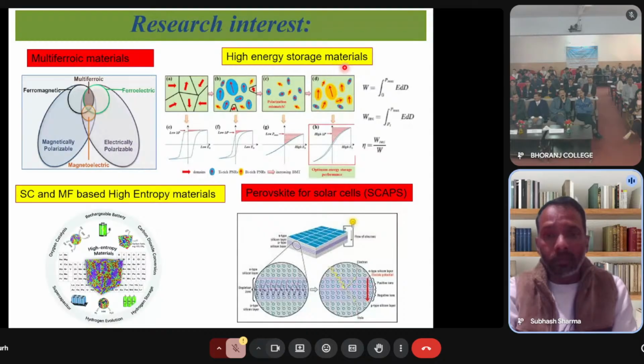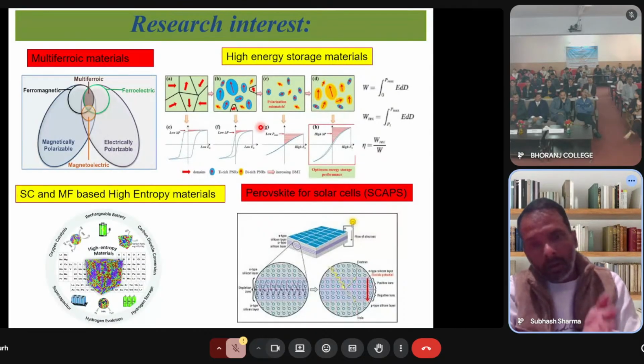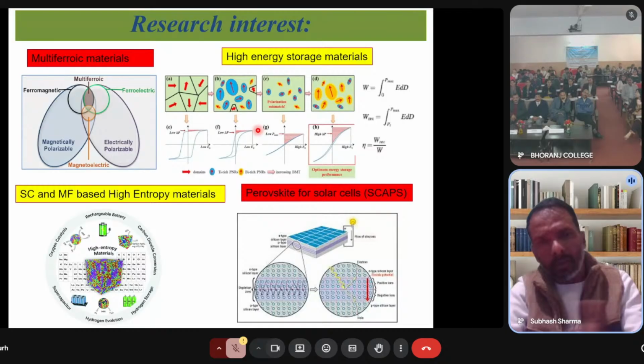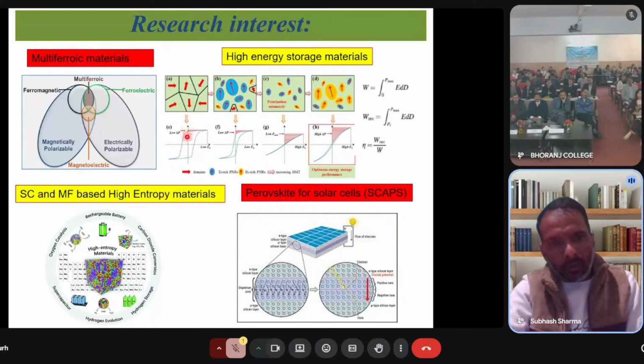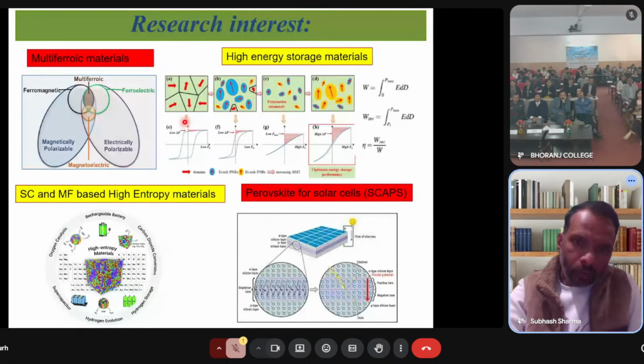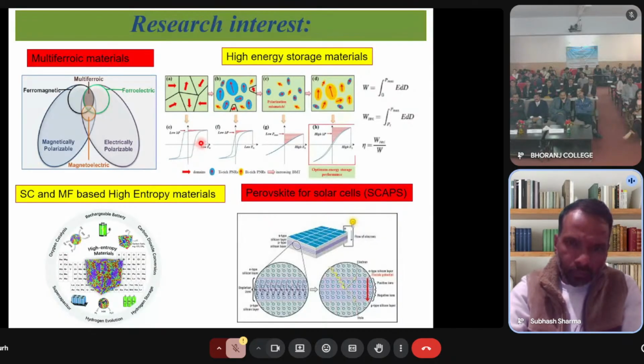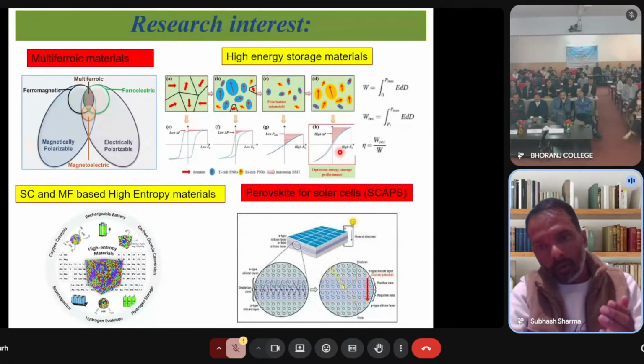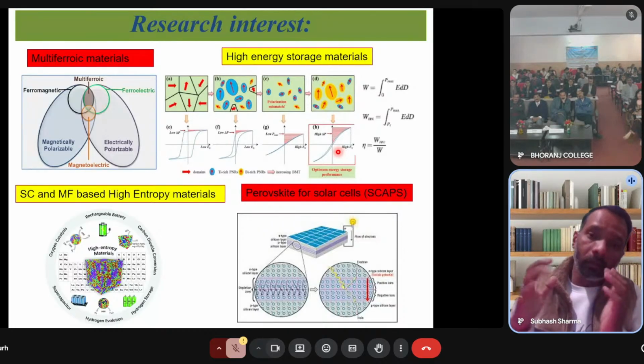And for high energy storage materials, basically relaxor and relaxor based materials. If I give students a basic understanding, in a conventional ferroelectric we have this kind of hysteresis curve. In any way, we need to reduce this conventional ferroelectric loop to this shape in order to enhance the storage capacity of relaxor materials.